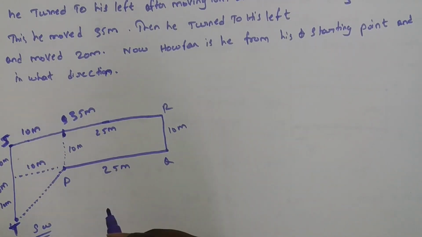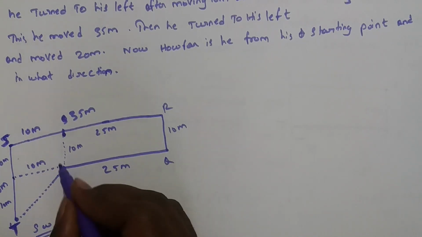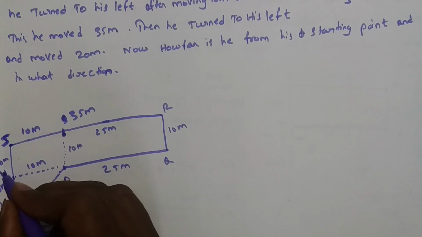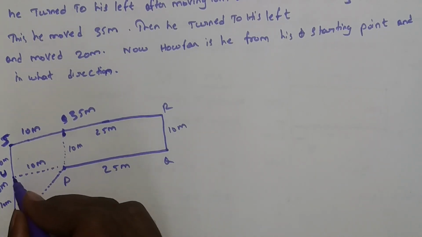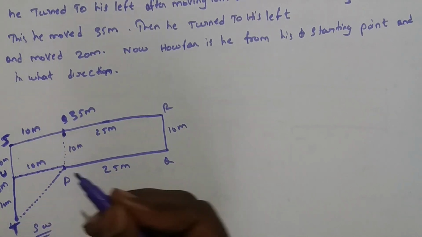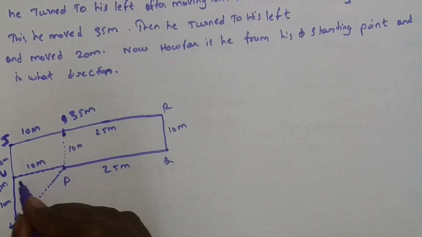Now see here, let us assume this is U. Here the distance is given, and here also the distance we get. Now we have to find out the distance. It is in the form of a right angle triangle.